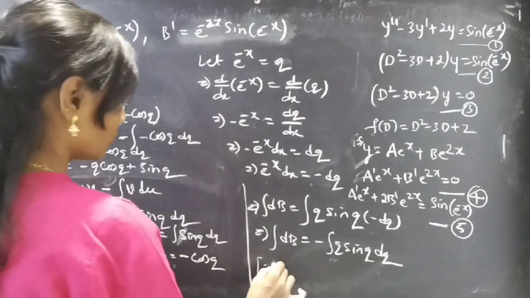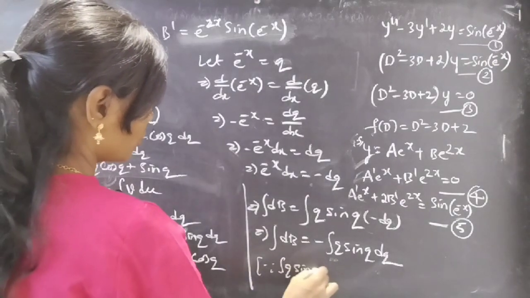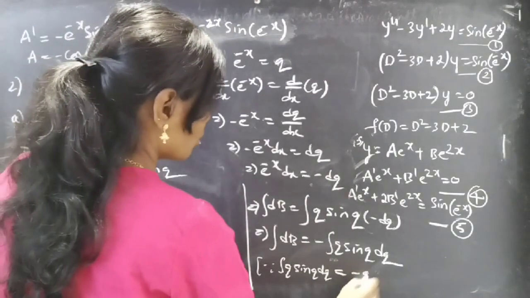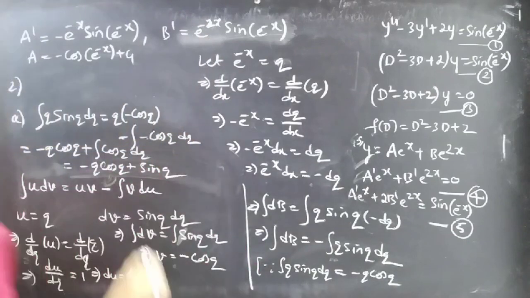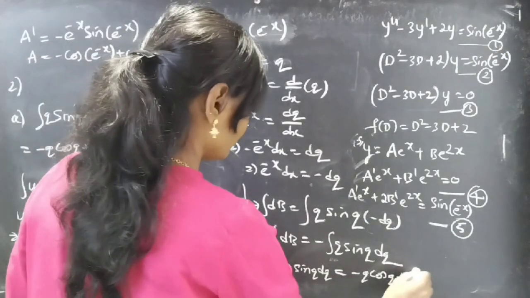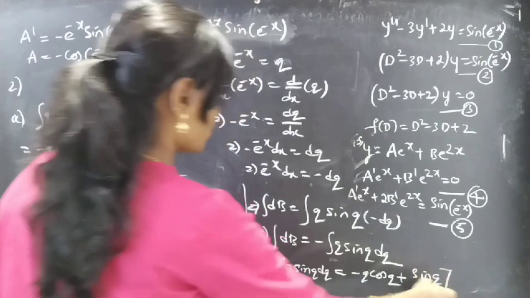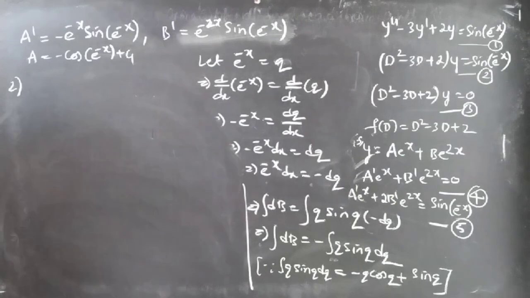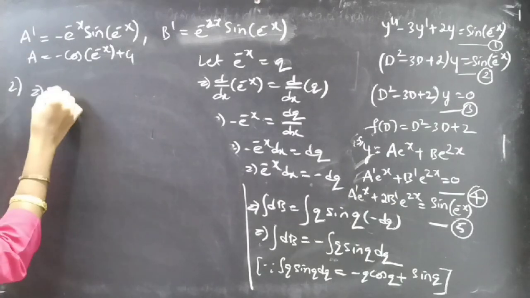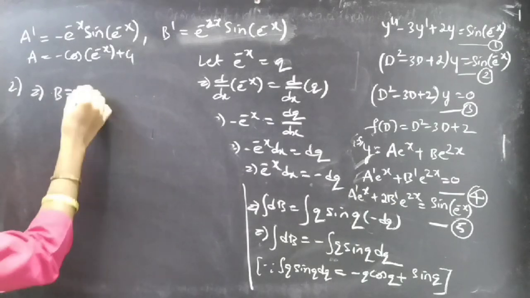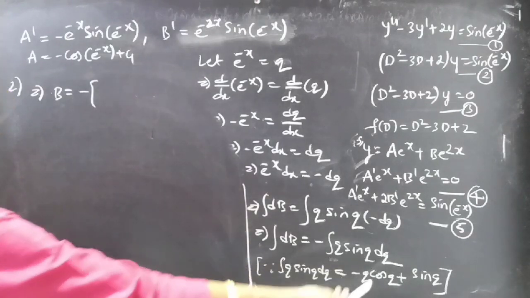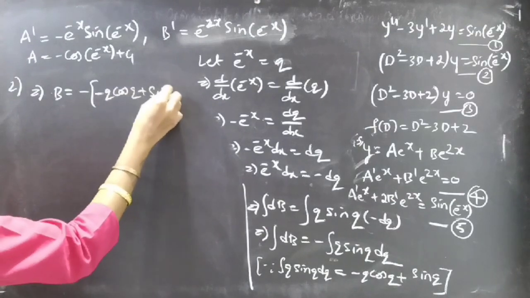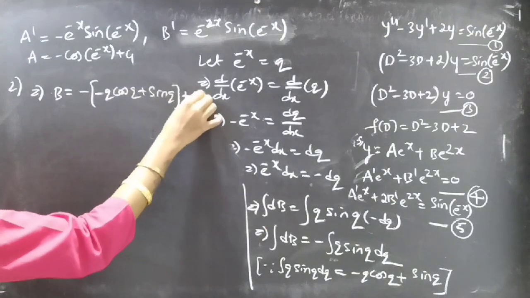Since integral q sine q dq equal to minus q cos q plus sine q, then this becomes integral dB equal to minus of integral q sine q dq, which is minus q cos q plus sine q, plus integral constant say c2.